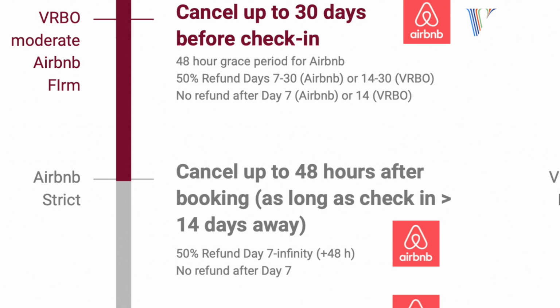So in comparison to the previous Firm option, where it's days 7 to 30 for the 50% refund, this is basically 7 days to however early the guests are booking it, plus 48 hours of grace period. So it covers a much bigger stretch of time at the 50% refund range. This is the setting that I currently have for the beach house.